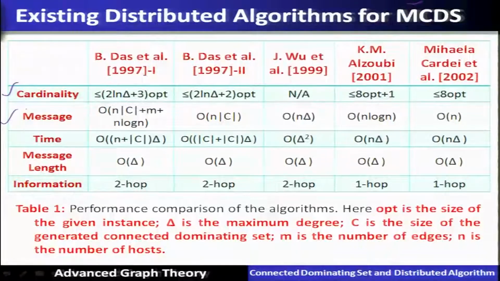Then how many messages are required to establish the algorithm and how much time is required to establish the algorithm. The messages which are exchanged, what is the maximum size of them, and also the local knowledge which is required in the algorithm design, that is called the information.